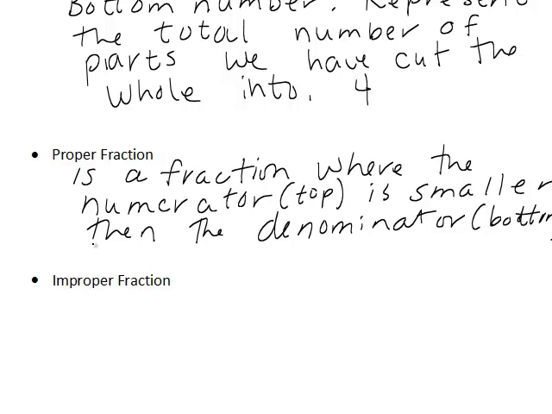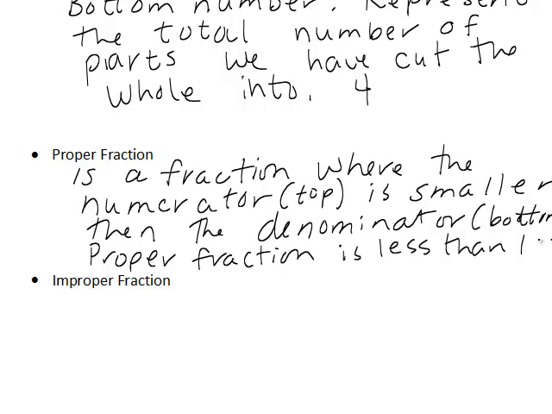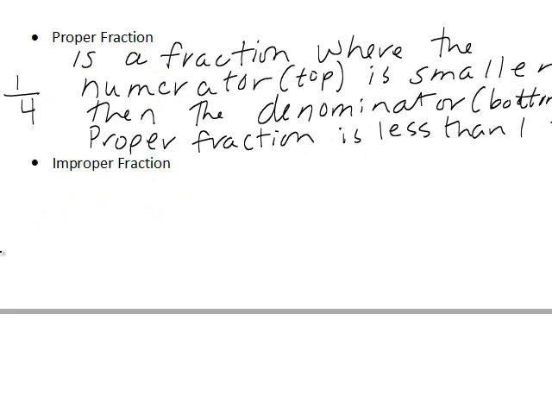In concept, a proper fraction is less than 1. It's less than 1 whole. So in our fraction, our 1/4 of that circle that was yellow, 1 is the numerator, and 4 is the denominator. Of course, the numerator here is smaller than the denominator, meaning that this is less than a whole and less than 1, and it is a proper fraction.